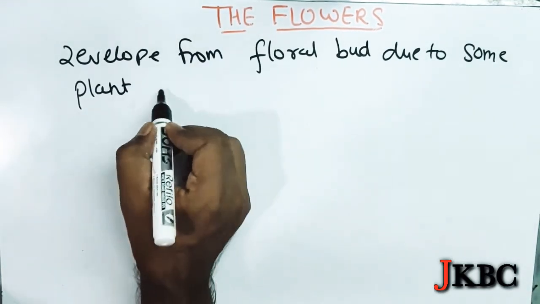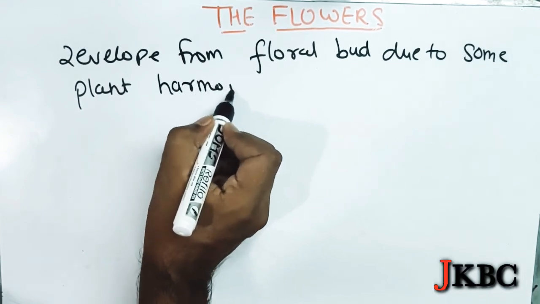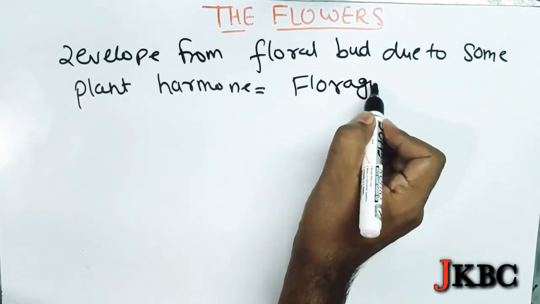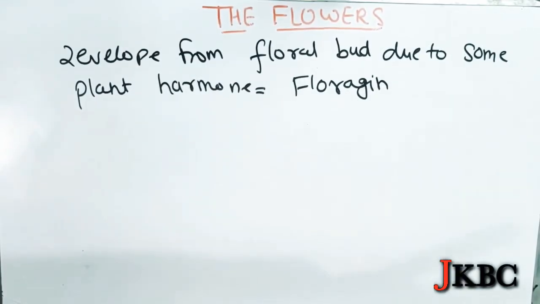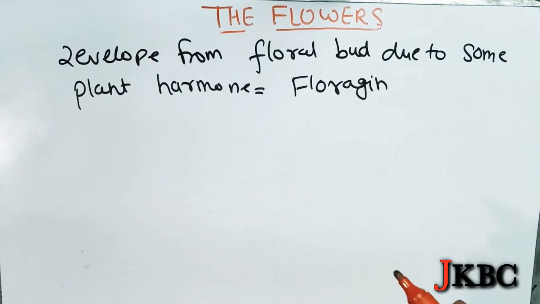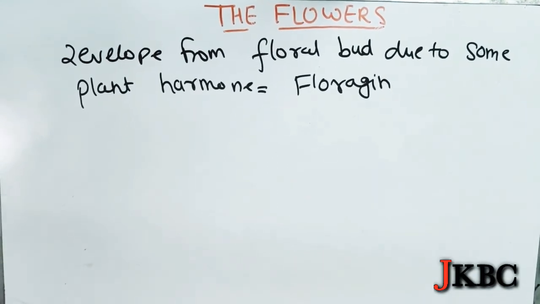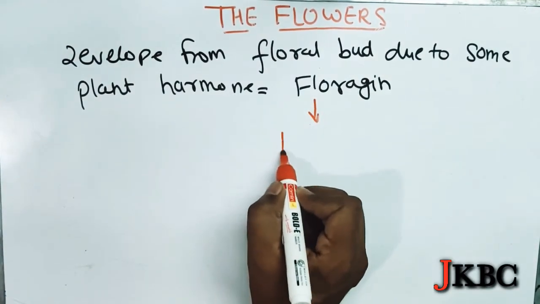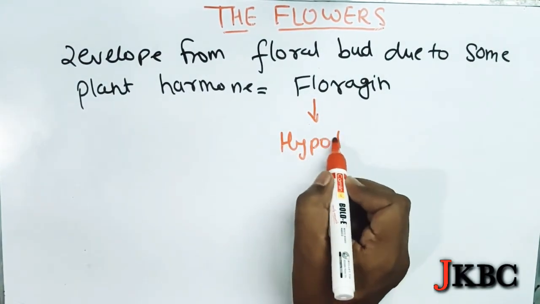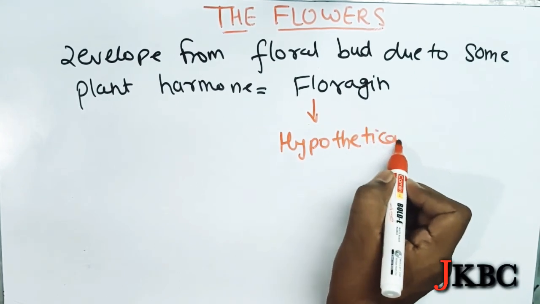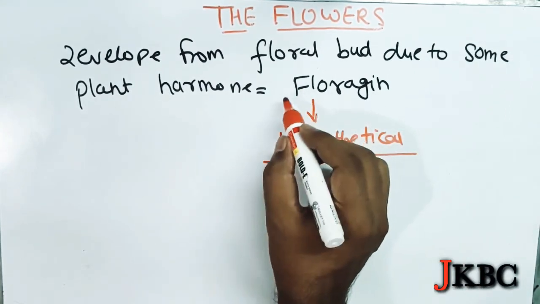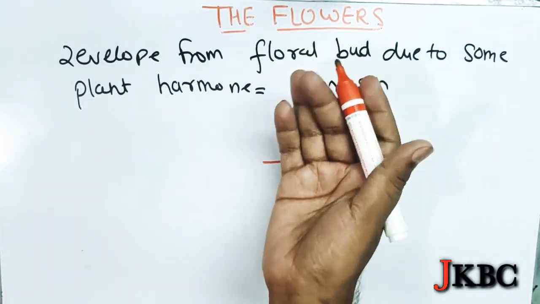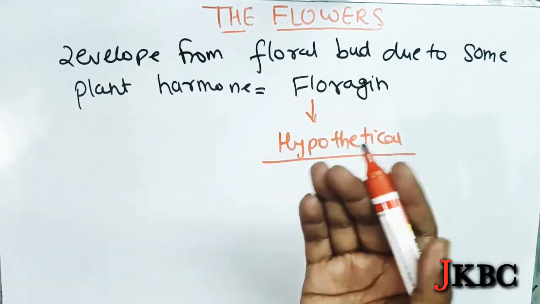The plant hormone's name is florigen. Basically, this hormone is hypothetical, meaning it is assumed by scientists. The scientists assumed that this kind of hormone, florigen, promotes flowering in plants and helps in the development of the flower bud.